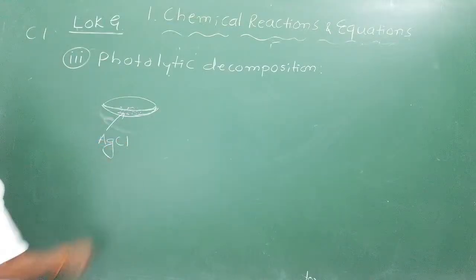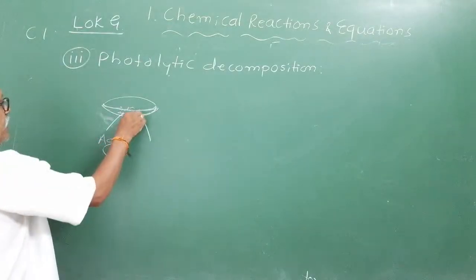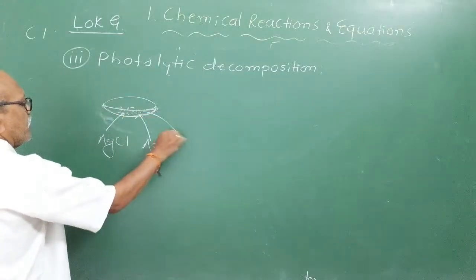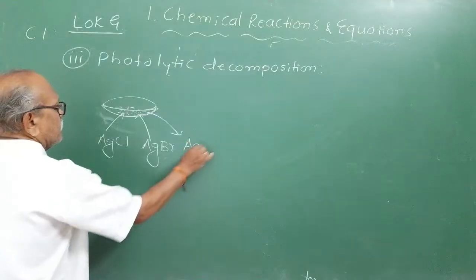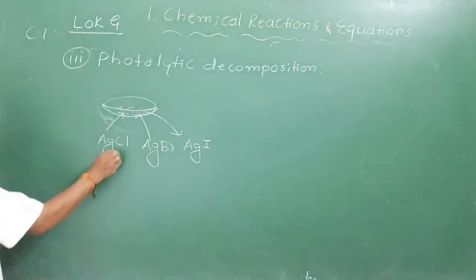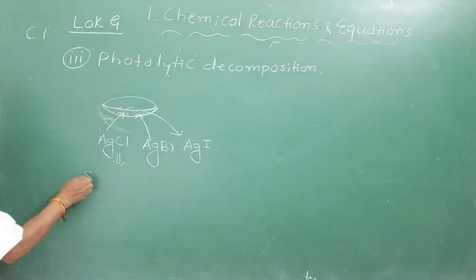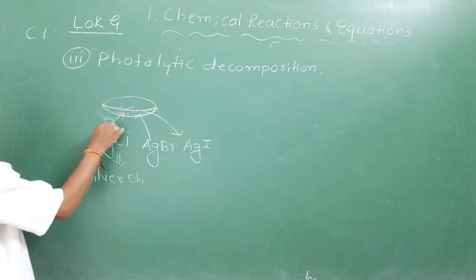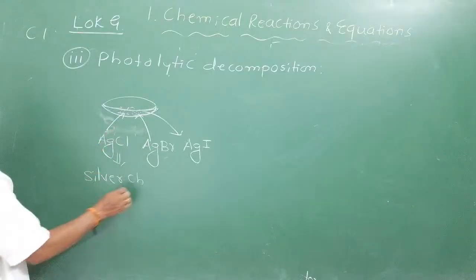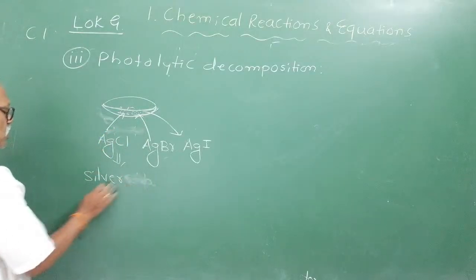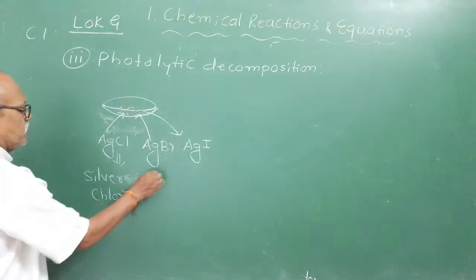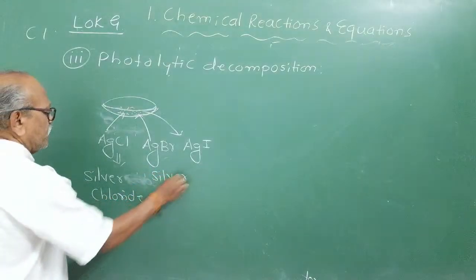Generally AgCl will be white colored, or you can take AgBr, silver bromide, or you can take AgI, silver iodide. Its name is silver chloride. Silver chloride formula Ag plus 1, Cl minus 1, net charge 0. Silver chloride. This one is called silver bromide.